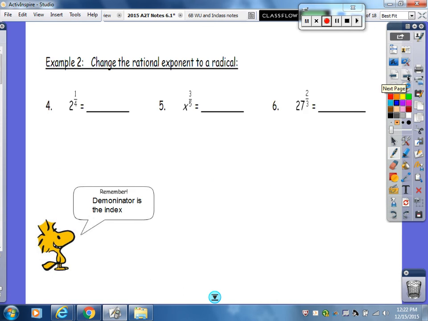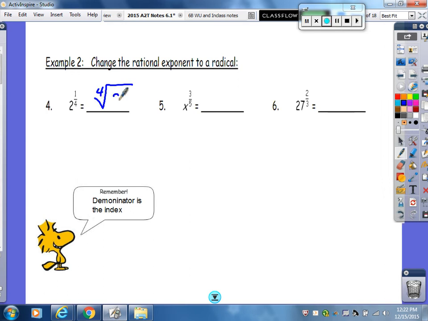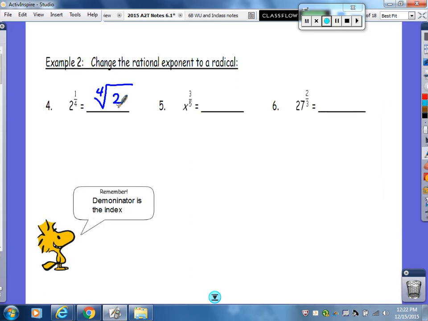This time we want to change the rational exponent to a radical. Now remember what we just wrote down: the denominator is the index. So this is going to be the 4th root of 2. Number 5, the denominator is 3, x to the 3rd. Right now we're just going to rewrite this, and we'll simplify something like this later.